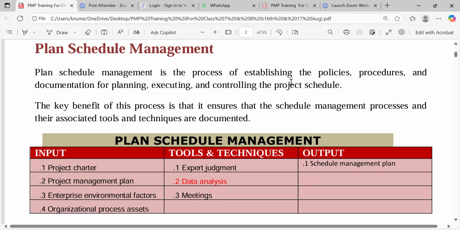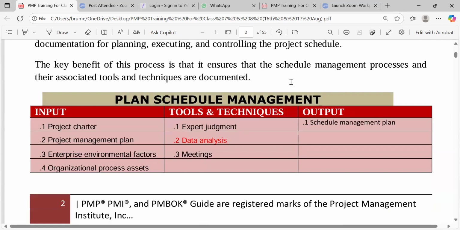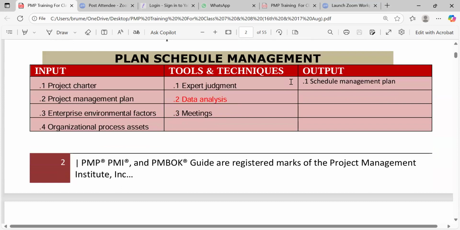So we take it. We now look for the project management plan, and then we lay hands on our identified enterprise environmental factors and the organizational process assets. When we have this, we move on to analyze them by consulting experts, people with hands-on experience in this domain.